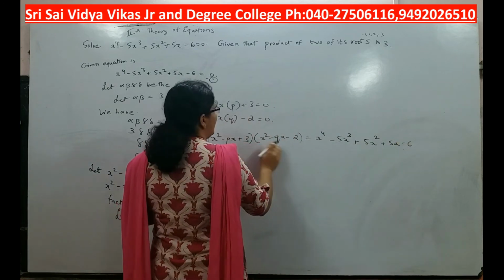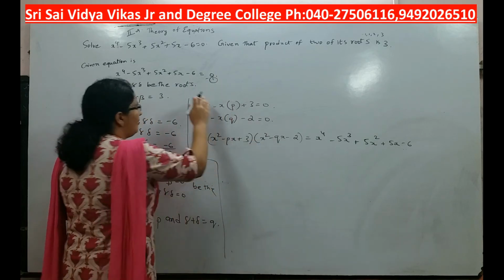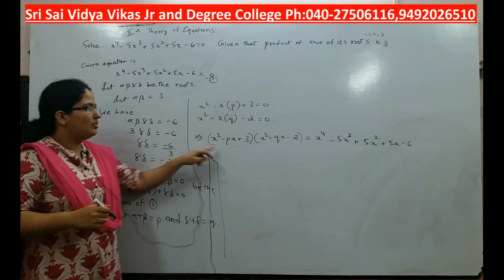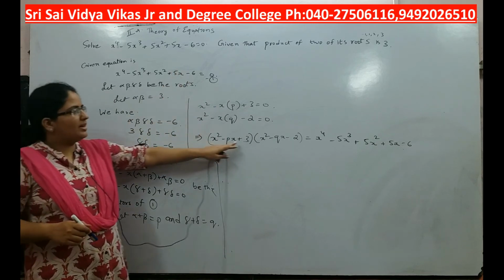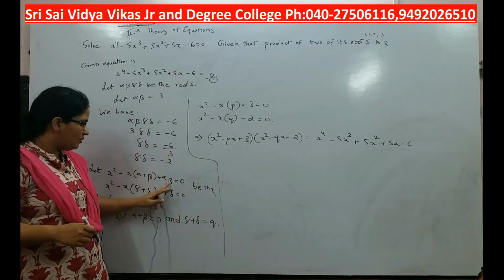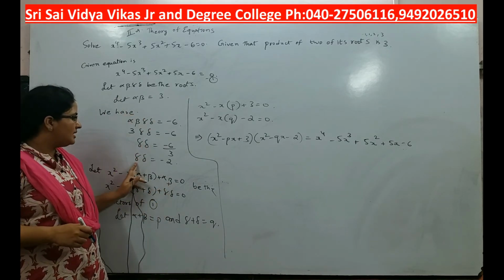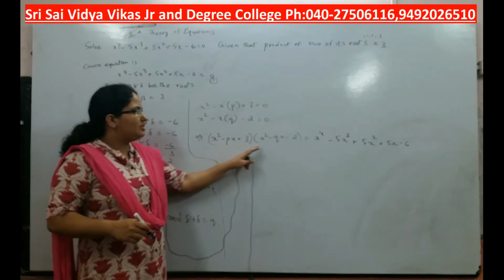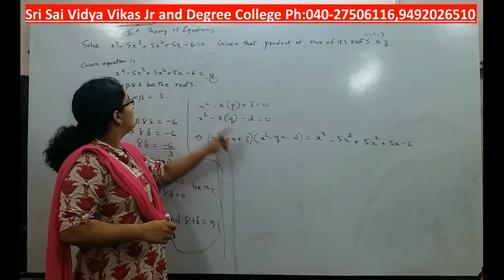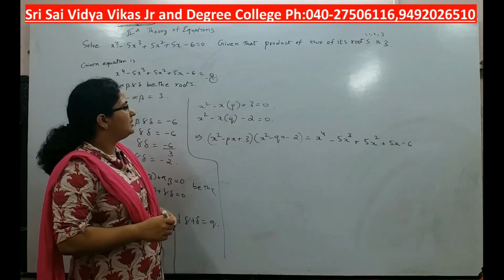If you multiply these two, you must get the first equation, because these two are the factors of it. We have taken these two as the factors. You know what alpha, beta, gamma, delta are, so now we shall multiply these two and find the values of p and q.